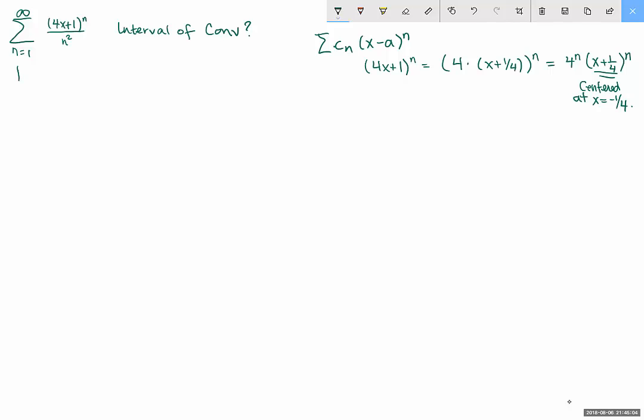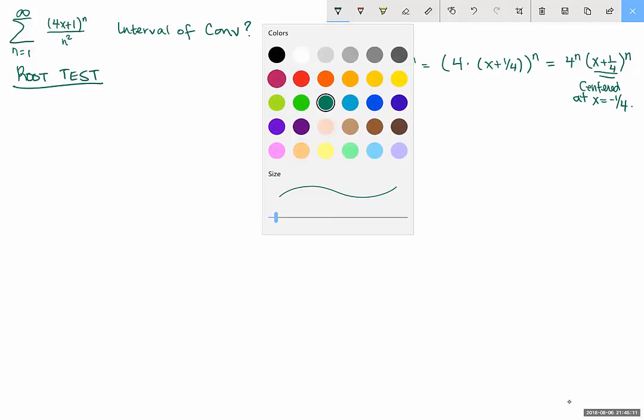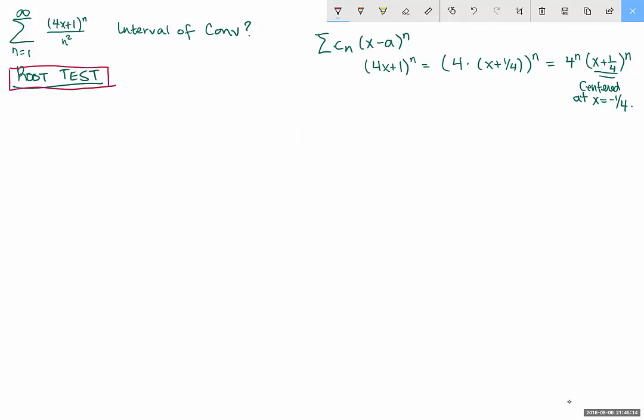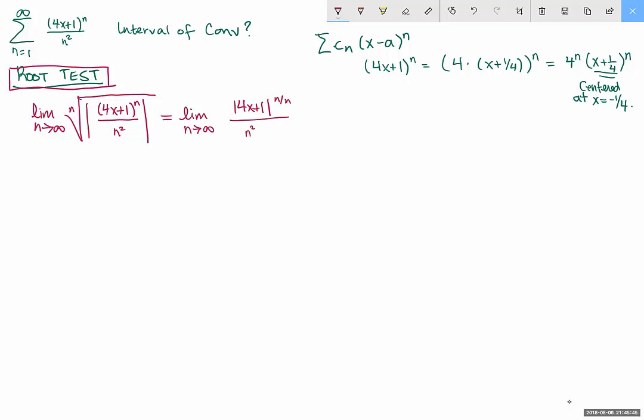Okay, so let's go through and do that. I'm going to choose to use the root test to find this interval of convergence. So I'm going to take the limit as n approaches infinity of the nth root of the absolute value of (4x plus 1) to the nth power over n squared. Well, that's the limit as n approaches infinity of the absolute value of 4x plus 1, over n to the 2 over n.